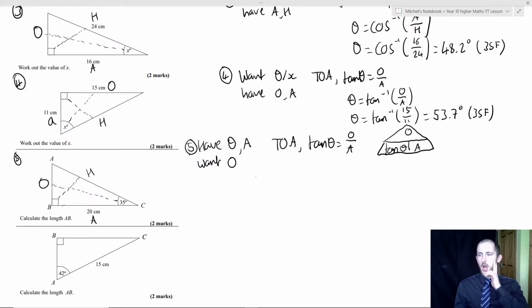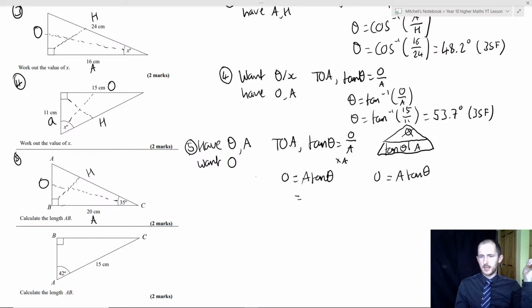Okay, and we want O, so if we cover up O, or again, multiply both sides by A, we get A tan theta. Both ways we do it. So that's O equals A tan theta.